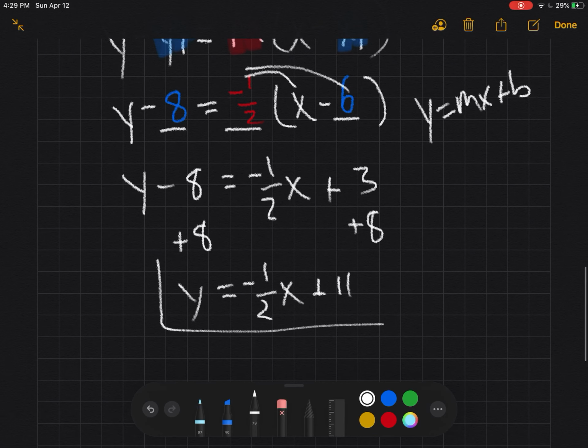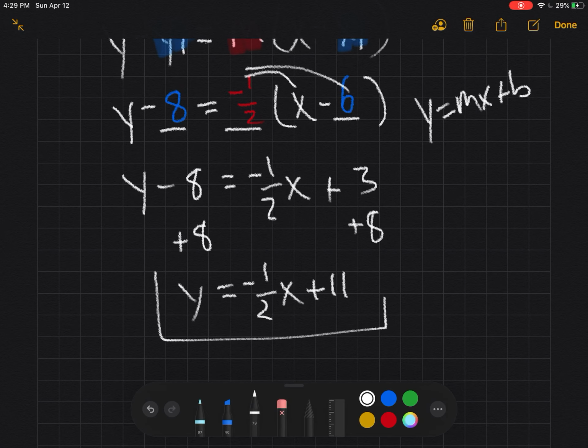Add 8 to each side. y equals -1/2 x plus 11. And that would be our final answer there. Let me make my plus sign a little bit nicer. Plus 11. There we go. Now that's pretty. And that would be your final answer for that one.